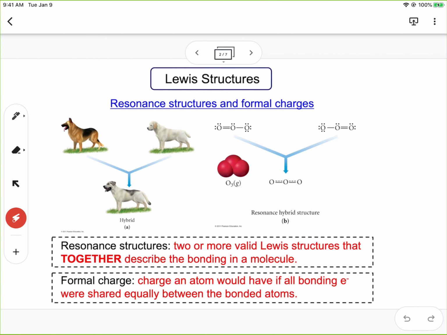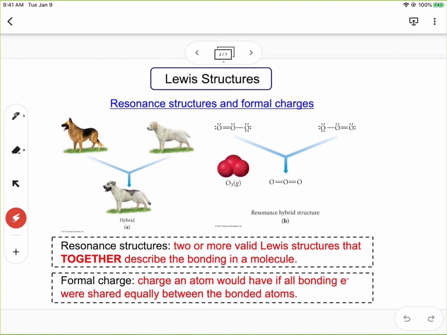When you consider the real structure of ozone molecule, you do have to consider both. In other words, when you see the real structure, you are actually seeing the mixture of the two valid Lewis structures. Sometimes we call it a hybrid structure. It's a mixture of both.